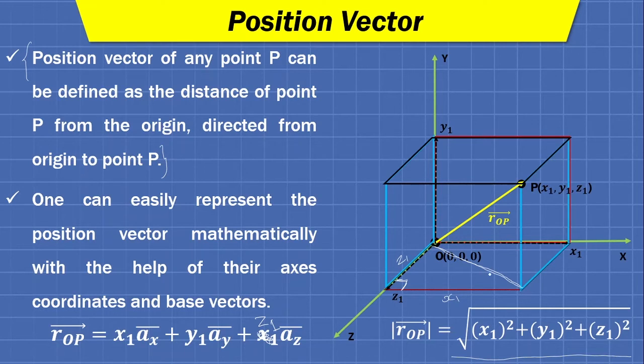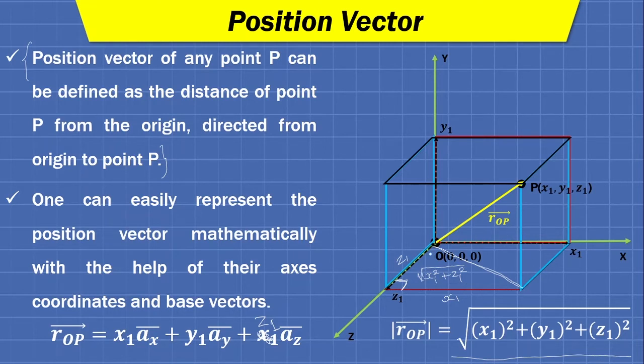And if we want to find the length of this line, we can use the Pythagorean theorem, which says that the length of the hypotenuse is the square root of the sum of squares of base and height of that right-angled triangle. So this white line will have the length square root of x1 squared plus z1 squared.